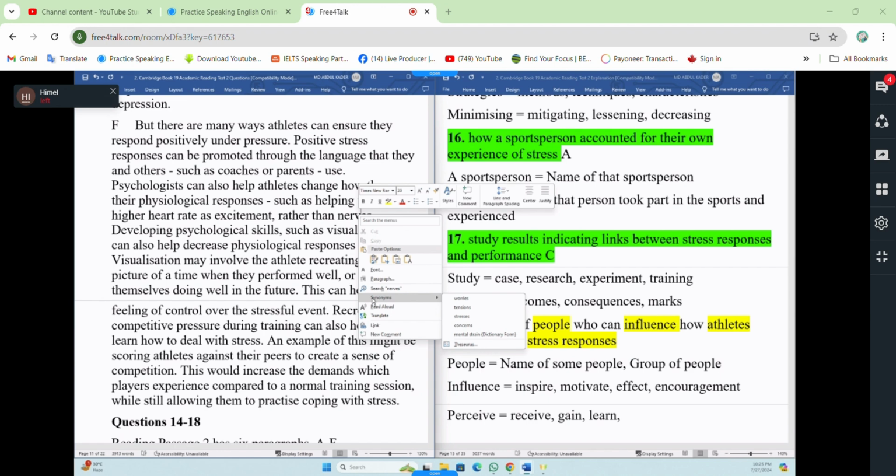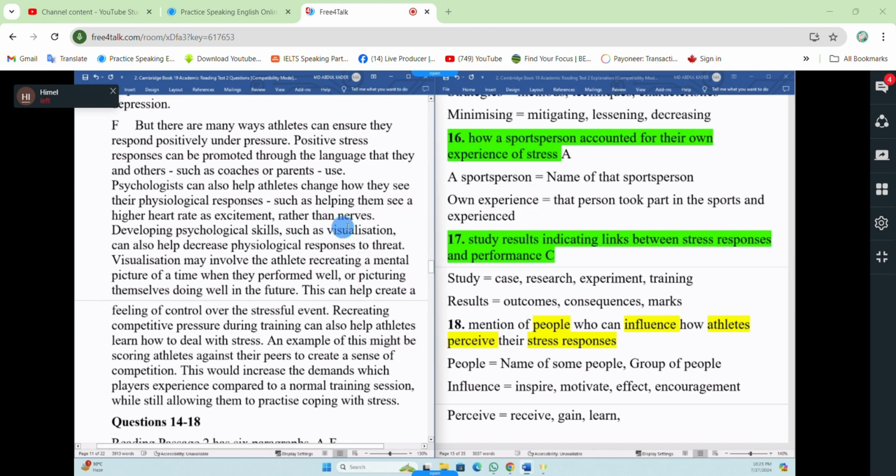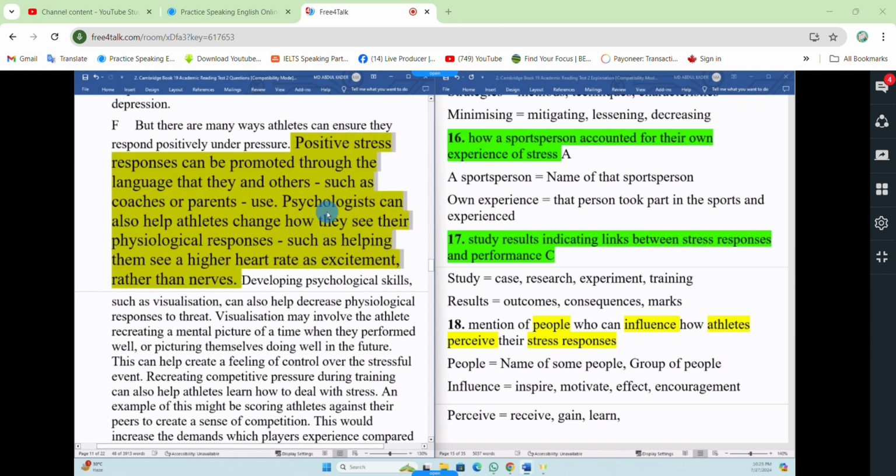Nerves mean worries, stresses, tensions. So, from this line, we are going to have a wonderful answer, right? Maybe.